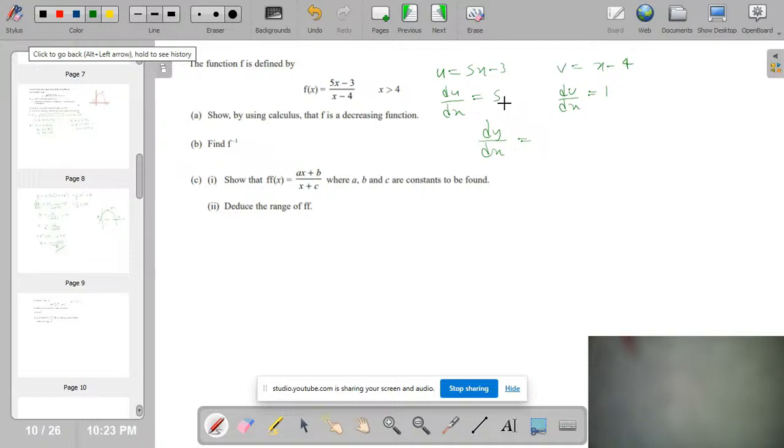Product rule order doesn't matter, but quotient rule order matters. We always start from the denominator, x minus 4, multiplied by du by dx, which is 5. Subtraction, u times dv by dx. The whole thing is divided by what? v squared.